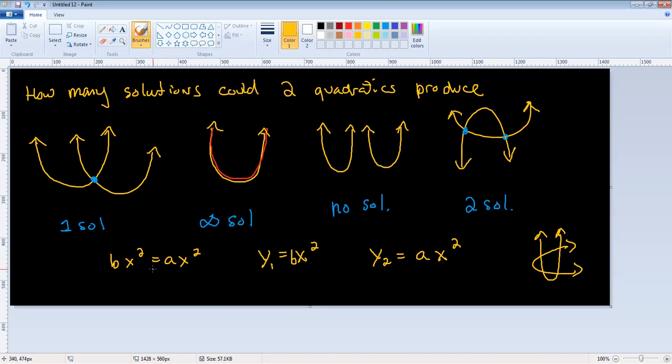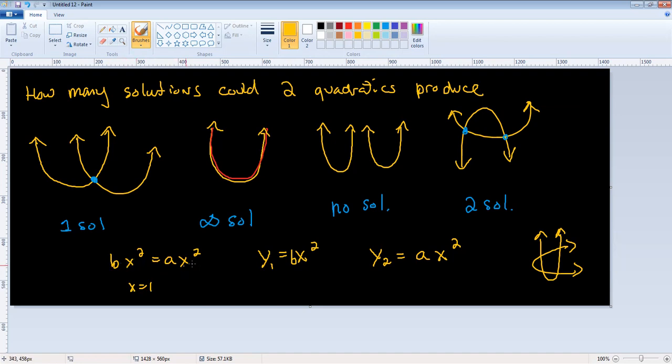You can plug in numbers for x. I can plug in 1 for x, but then a and b would have to be 1, 2.